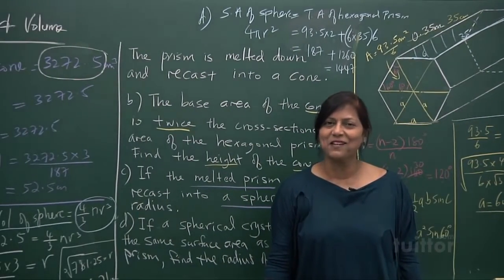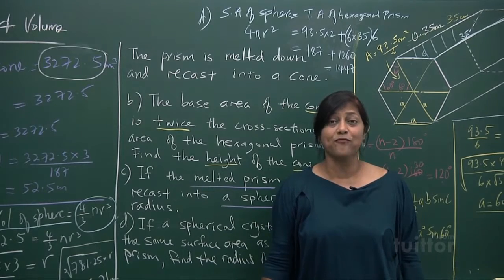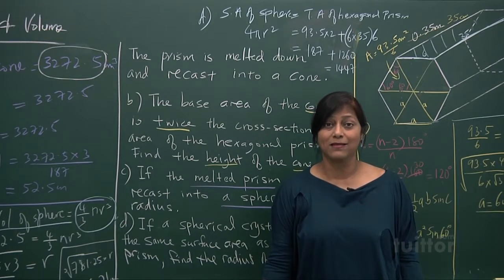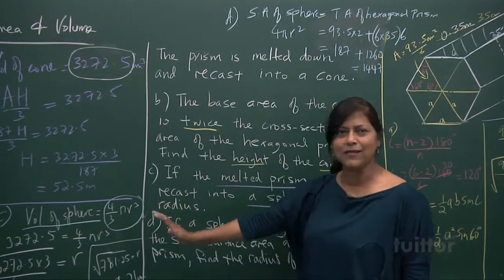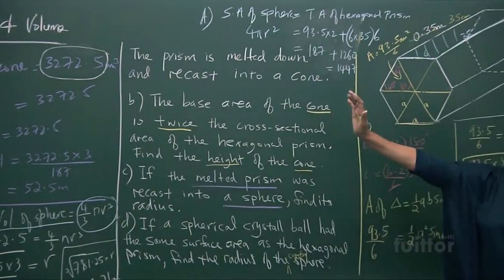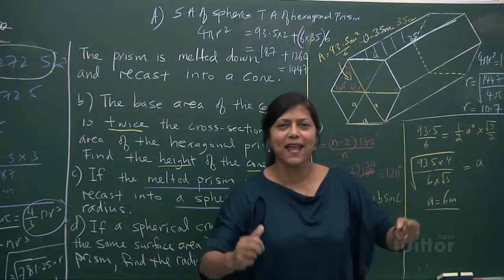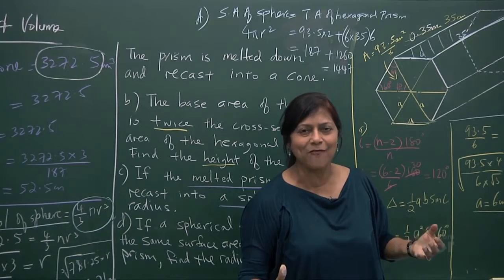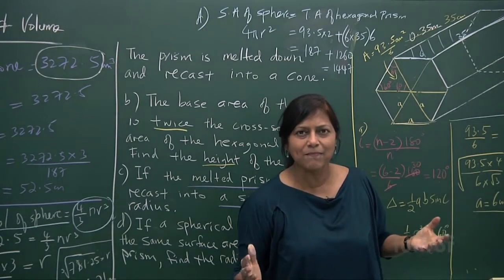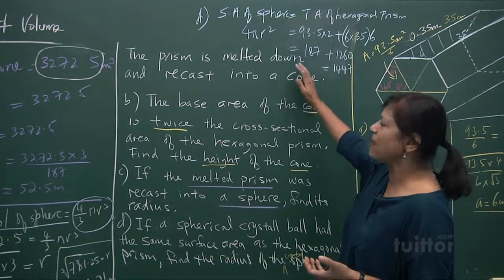Alright, and let me tell you, my dear friends, volume is one of the favorite sums to get good marks. Do not get intimidated by the length of the sum and say, I want to run away. No, it's easy. Remembering formulas is not difficult. If it's a prism, it's the area of cross-section times the height.